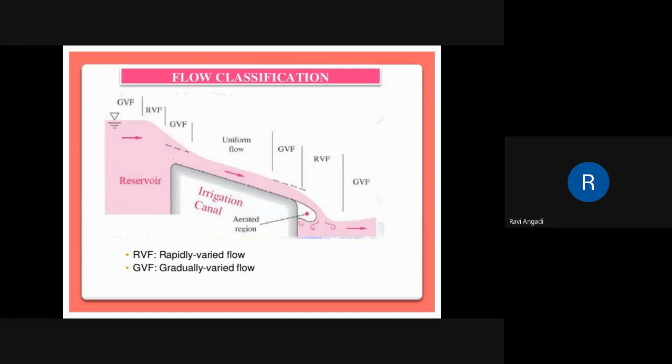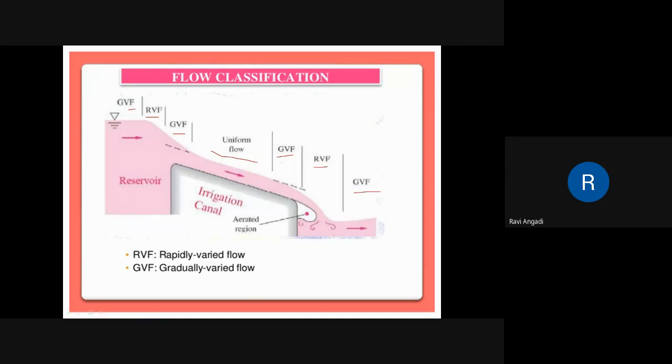So here, the flow behind the dam, if you take, it will be gradually varied. Then the flow above the crest or the spillway of the dam, it will be rapidly varied. Again we get gradually varied. Then we get the uniform flow. Then again near the drop we get a gradually varied flow. Then again rapidly varied, again gradually varied.